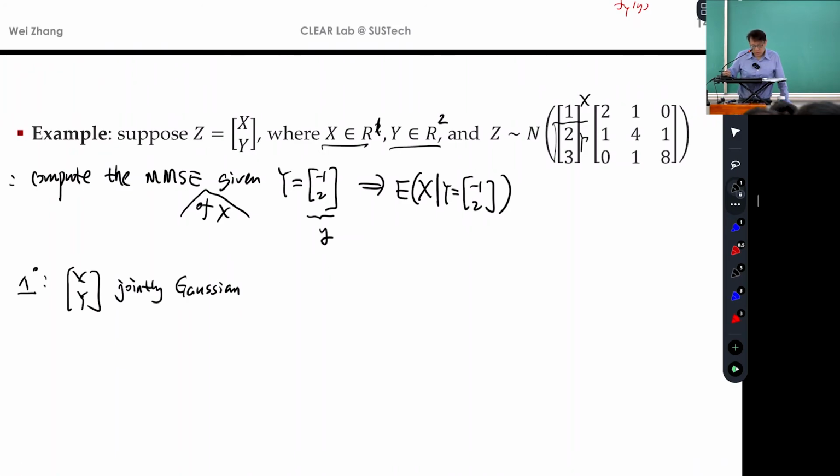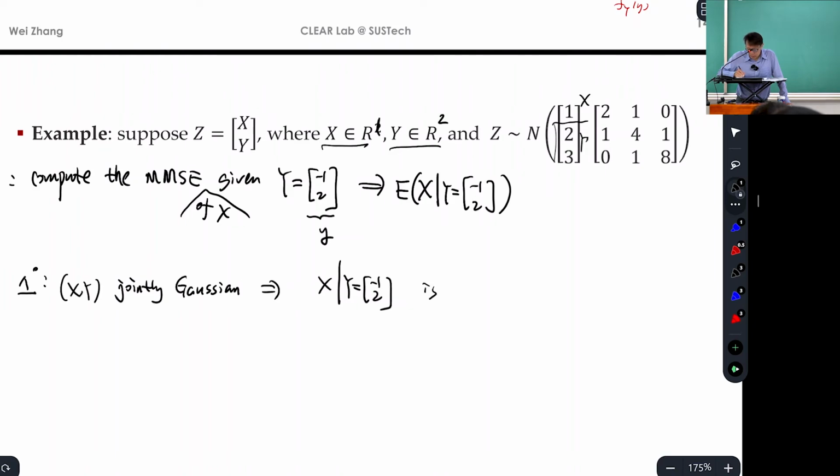We know Z is Gaussian, so together they are jointly Gaussian. Sorry, I shouldn't write this. I should write x and y; this pair is jointly Gaussian because I put them in a vector that is Gaussian. So I know by fact that the conditional is Gaussian.